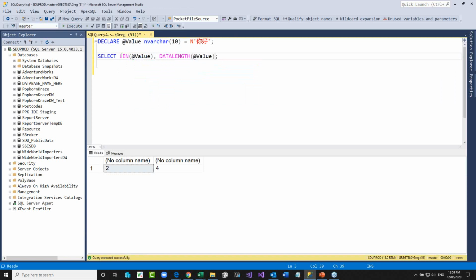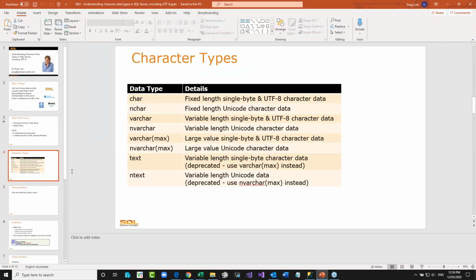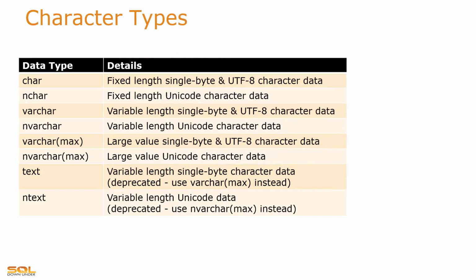Now, that's been the basic difference with these for quite a while. And so if we go back and look at our set of values here, char we said was fixed length, come to the UTF-8 in a minute, nchar, which was then a fixed length one that can do double byte characters or Unicode, varchar, which was variable length single byte, and nvarchar, which is variable length Unicode.